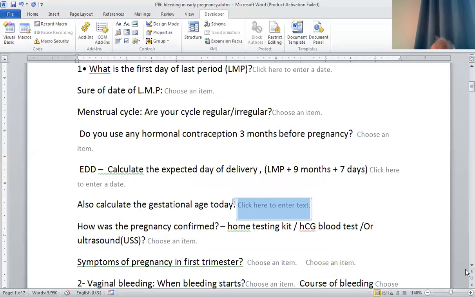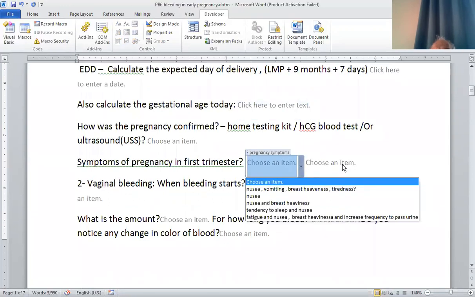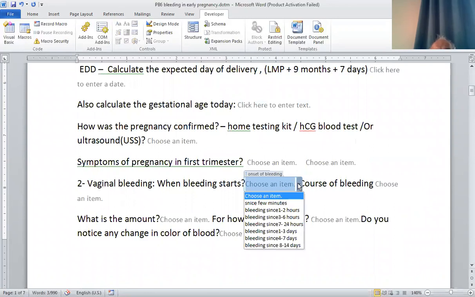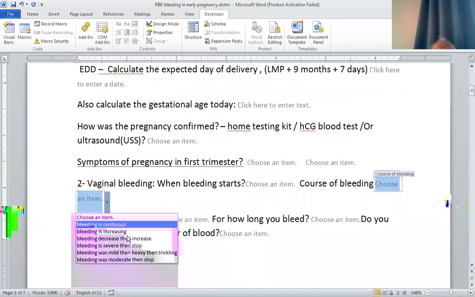And then we ask about the symptoms of pregnancy, such as nausea and vomiting. We will ask about when she started having vaginal bleeding, since how many minutes, hours, or days, and whether the bleeding is increasing or decreasing.